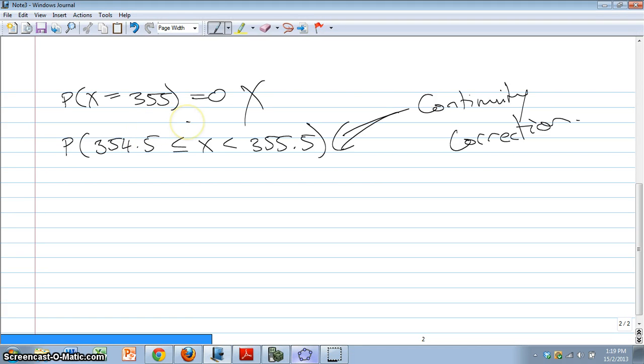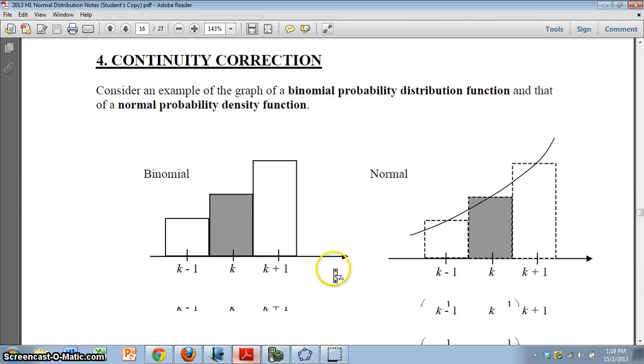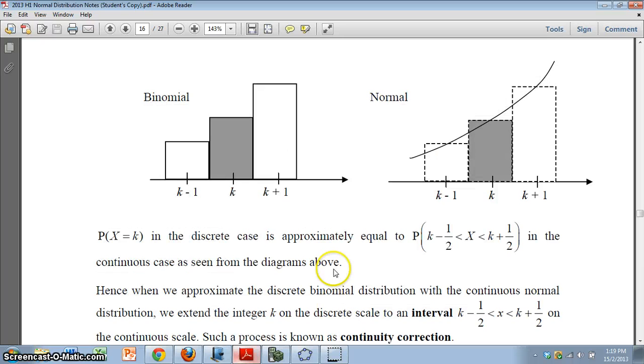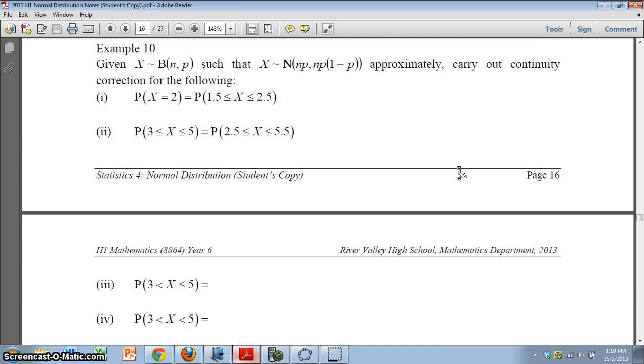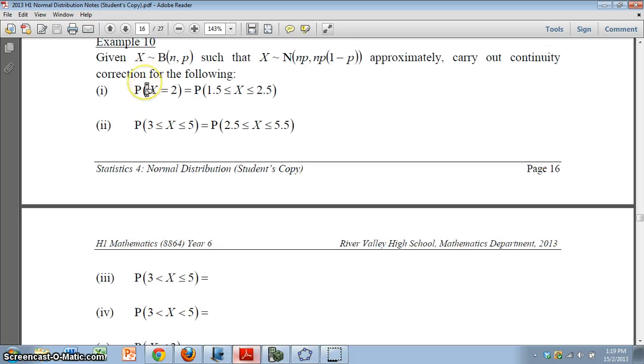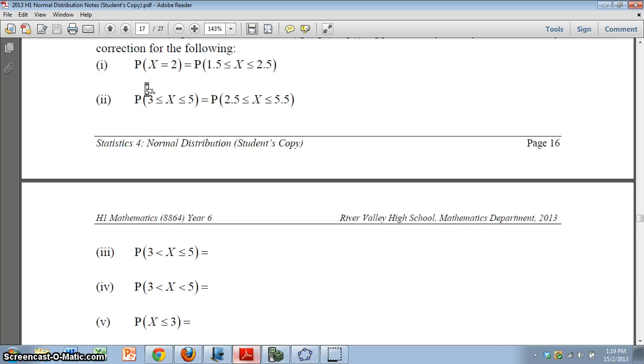So let's take a look at an example. Here it is in your notes as well. So equals to k, we have to look at plus or minus a half here as well. So example 10. I'll just trust that you can go through these in your notes alongside me.